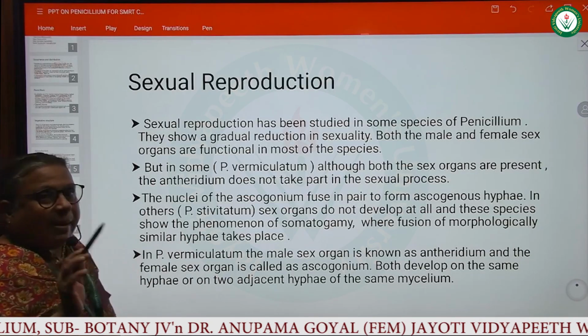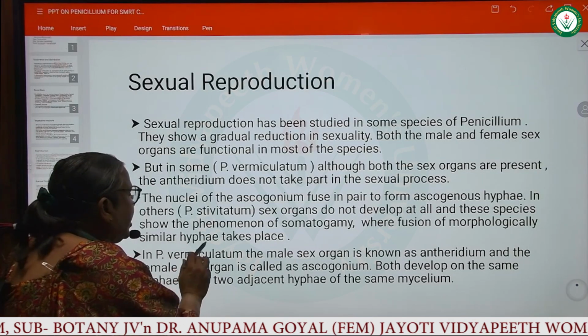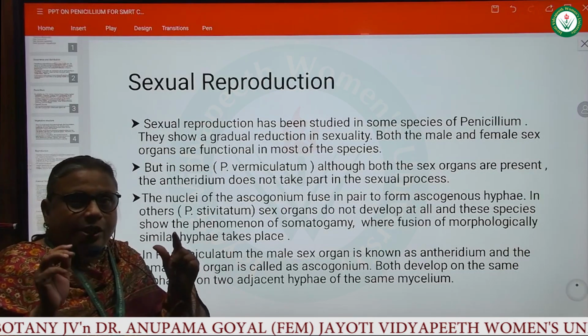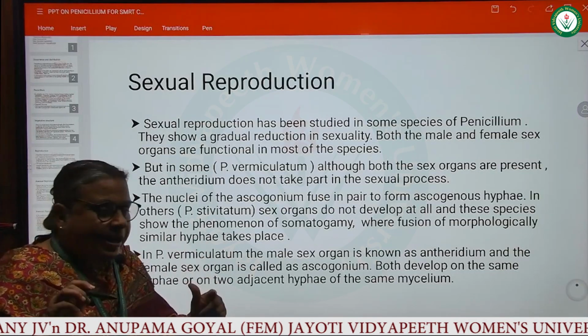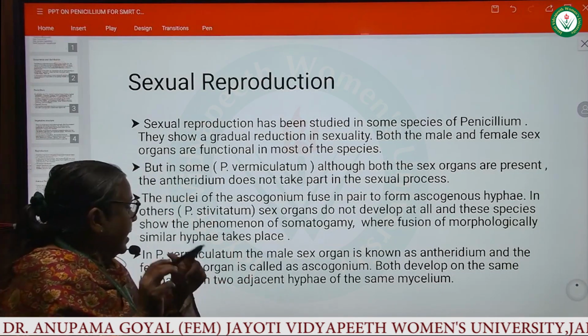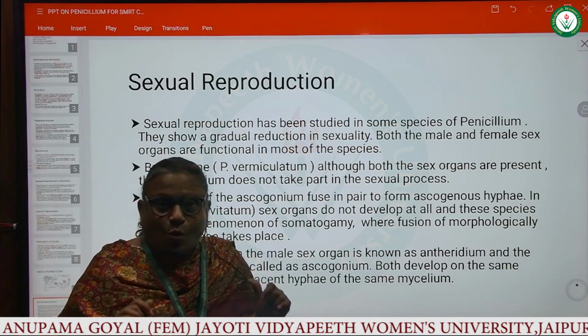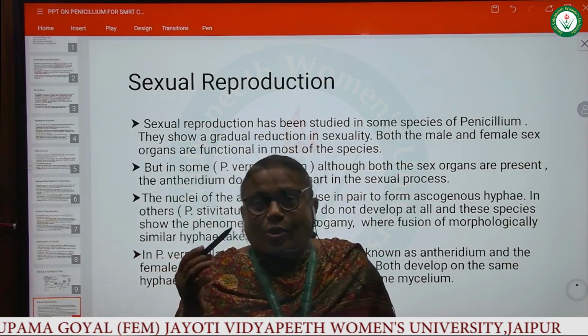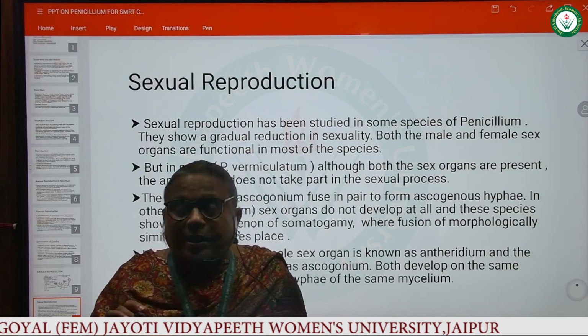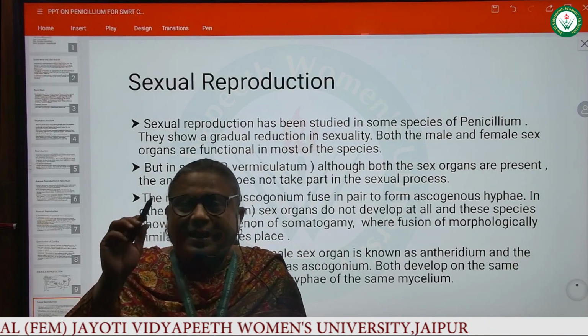So in Penicillium vermiculatum, the male sex organ is known as antheridium and the female sex organ is called ascogonium. Now, students, the question arises, what is the name of the male sex organ in Penicillium?